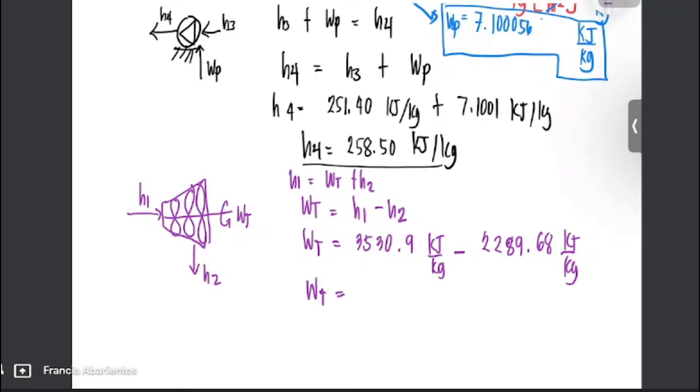3530.9 minus 2689.8. Okay. We have now 841.22 kilojoule per kilogram.